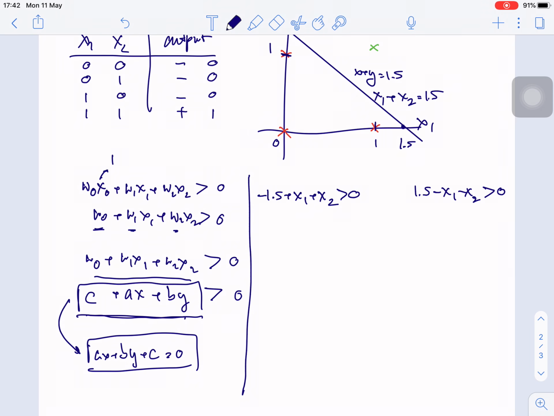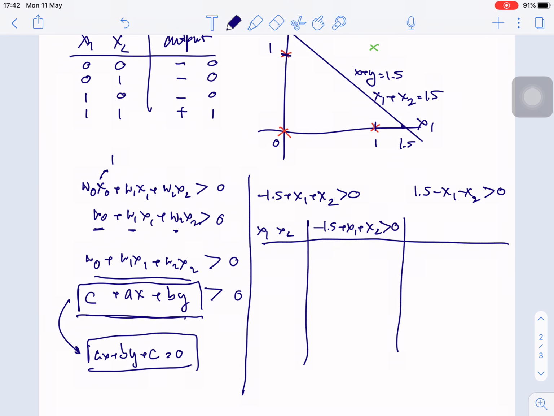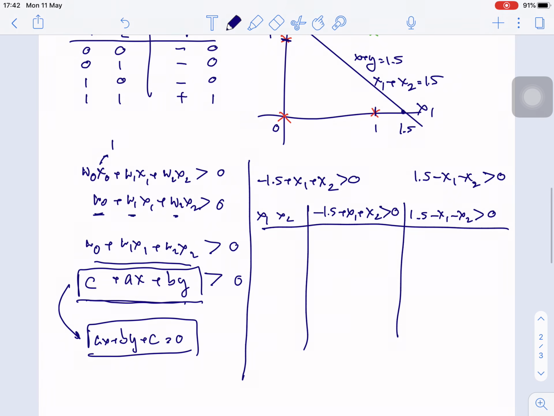We can compare using this table. If you have x, I will copy the x1 and x2 and minus 1.5 plus x1 plus x2 greater than 0 or not, and 1.5 minus x1 minus x2 greater than 0 or not. 0, 0; 0, 1; 1, 0; and, oh sorry, 1, 1.